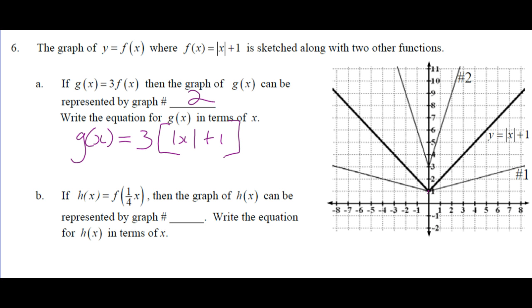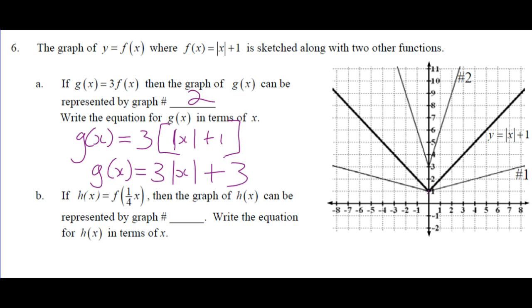Let's bracket off the f of x, because there are 2 terms in there. So 3 times this. Then g of x becomes 3 times the absolute value of x plus 3. Don't get caught, it's the distributive law.